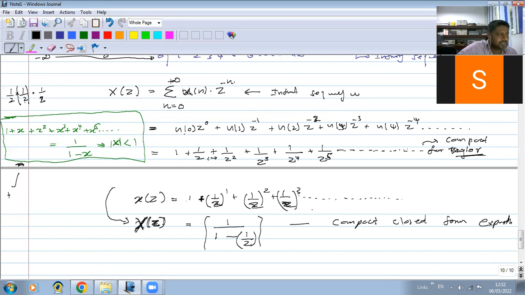For this power series, we can't have a closed form expression. The u[n] is not a closed form expression, that is just the representation by which we denote this kind of infinite sequence. But here you have a closed form expression.